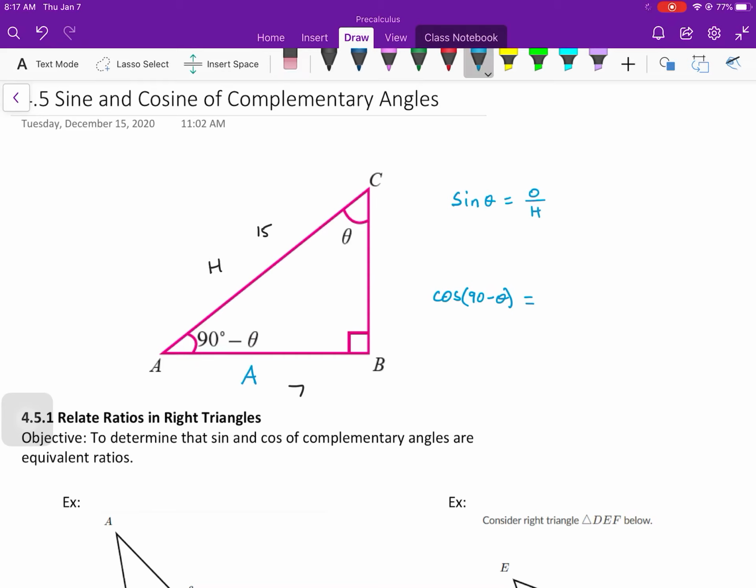So let me clean this up a bit, and let me put this in a different color. In reference to theta, we have the opposite over the hypotenuse, which is the same as, in reference to 90 minus theta, adjacent over hypotenuse.